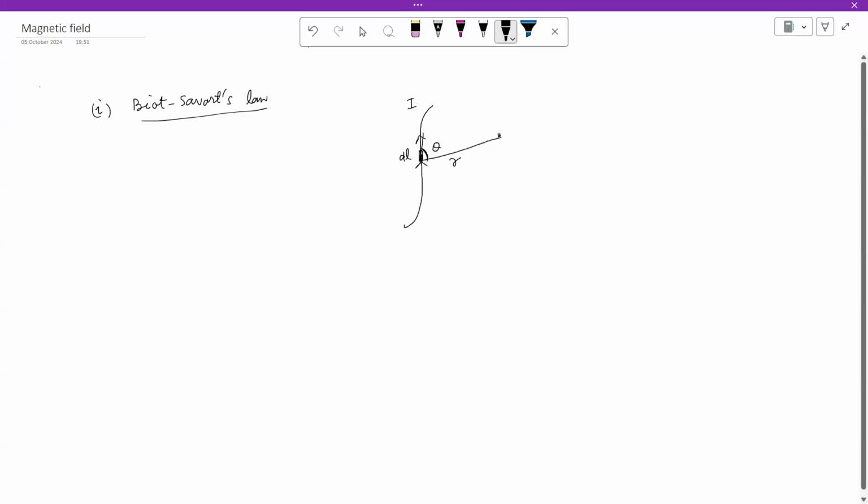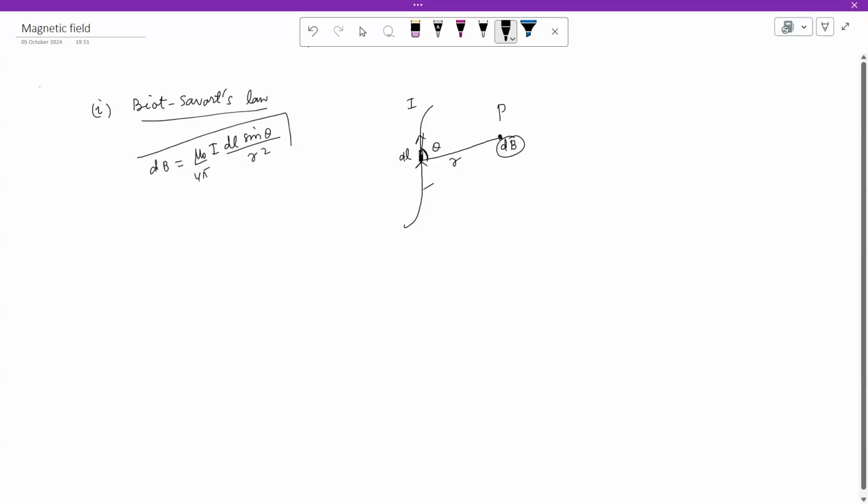Due to dl, there would be some small magnetic field dB, and the amount of magnetic field would be mu naught by 4 pi times I dl sine theta divided by r squared.